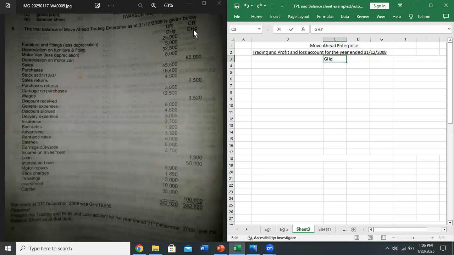Okay, so I can copy and paste on the tray. So we begin with our sales figure, which is 85,000. I think all of you had that bit.